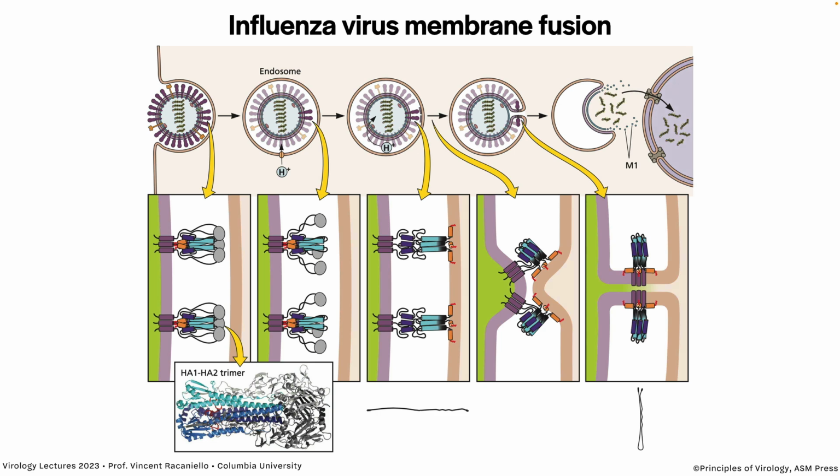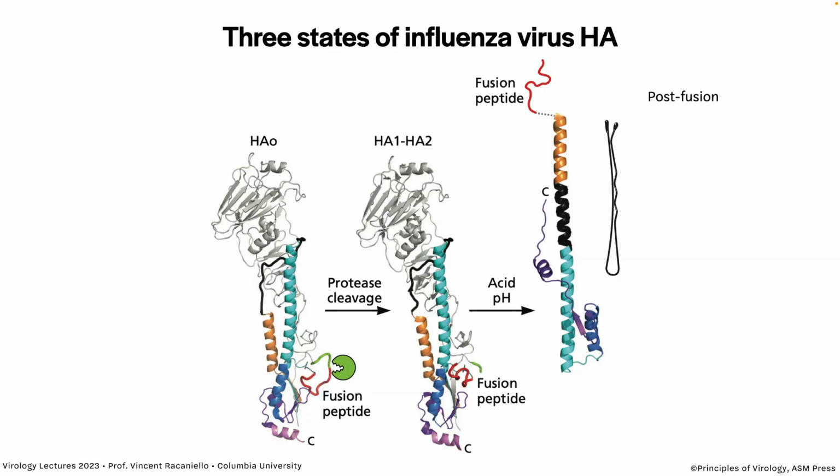So that's HA-mediated fusion. Now, the fusion of HA is regulated by a cleavage event, a proteolytic cleavage event. So here is the HA, the native HA. There's a cleavage site down here near the viral membrane. The red is the fusion peptide. And in order for it to be exposed when the HA undergoes this conformational change, the fusion peptide has to be cleaved.